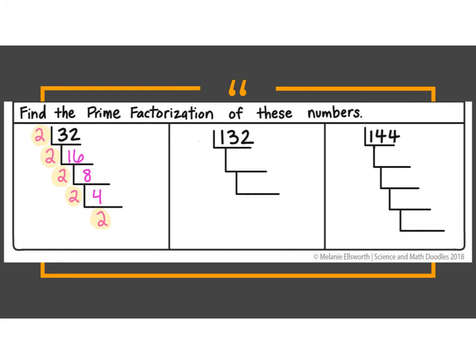I see 2 5 times. 2 times 2. Since 2 is multiplied out 5 different times, we could also write this as 2 is our base number. It's multiplied out 5 times, so 5 would be our exponent. 2 to the 5th power.